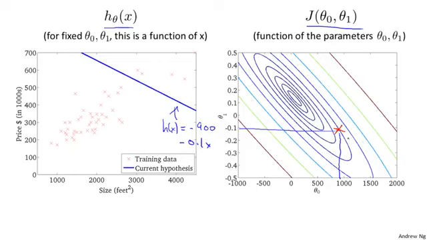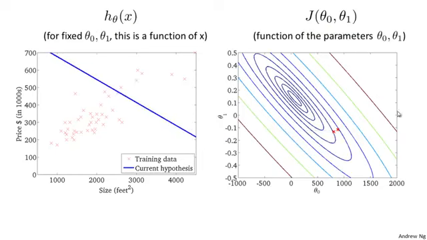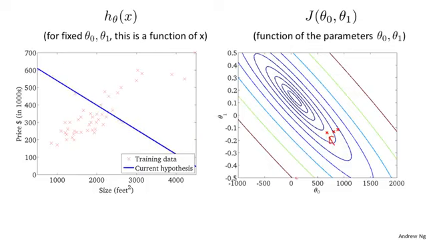Now, if we take one step of gradient descent, we end up going from this point a little bit down and left, to that second point over there. You notice that my line changed a little bit. As I take another step of gradient descent, my line on the left will change, and I've also moved to a new point on my cost function.